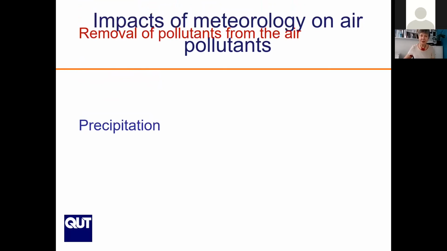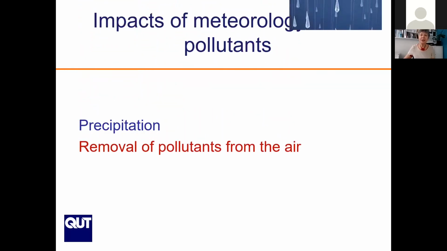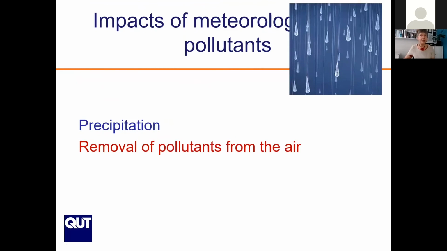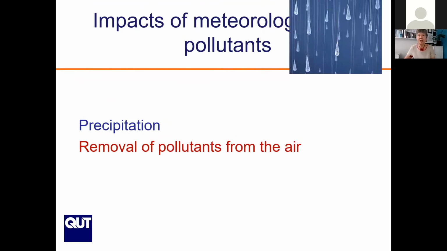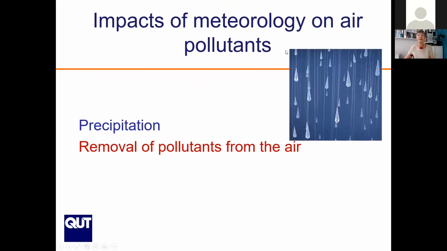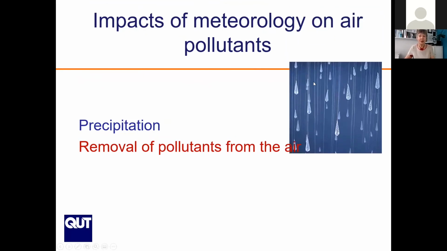What does it do? It removes the pollutants from the air, both gaseous pollutants as well as particles. And it's easy to imagine if we have big water drops falling, they will remove everything which is in the air, and the longer it rains, the cleaner the air after the rain is.